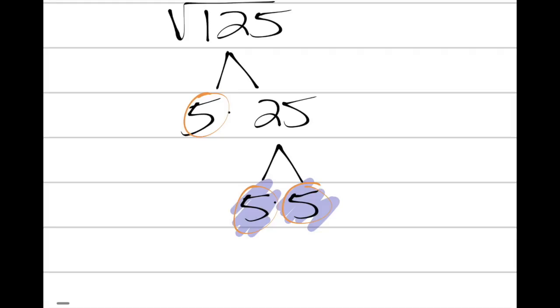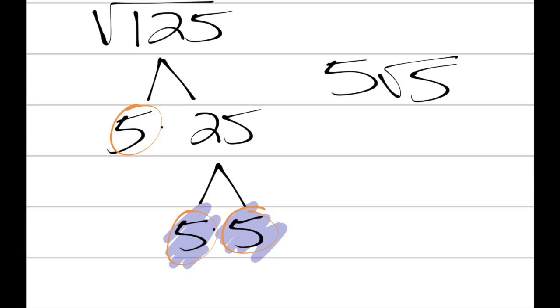Anything that does not have a pair goes on the inside of the square root. Now the 2 5's create 1 5 on the outside, and I am left over with 1 5 on the inside of the square root. So the simplified answer for the square root of 125 is 5 times the square root of 5.